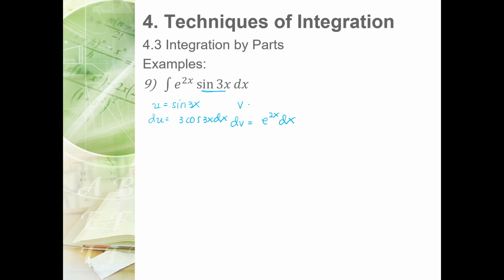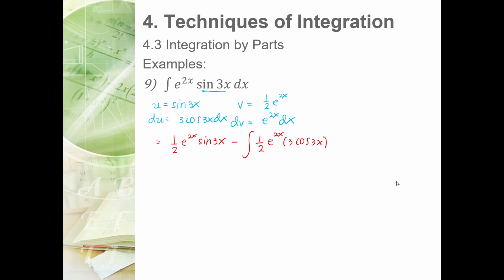And dv for this part is e to the power of 2x dx, so v is 1 half e to the power of 2x. So uv is equal to 1 half e to the power of 2x sine 3x, then minus v du. So that will be 1 half e raised to 2x, and then we have 3 cosine 3x.